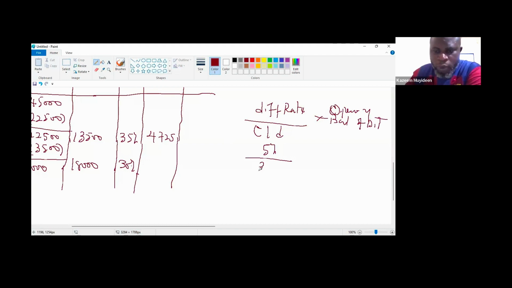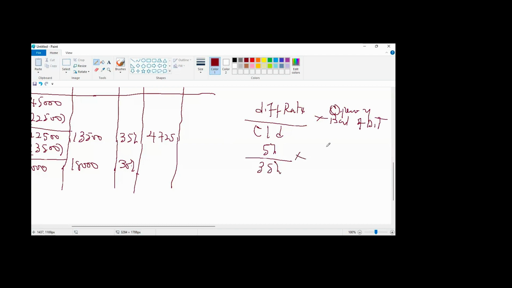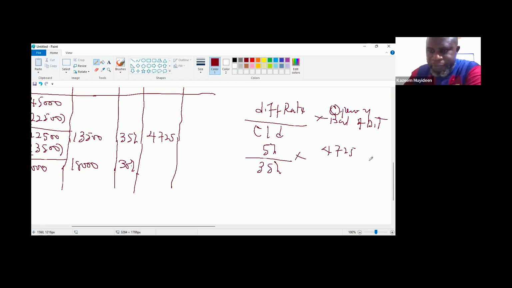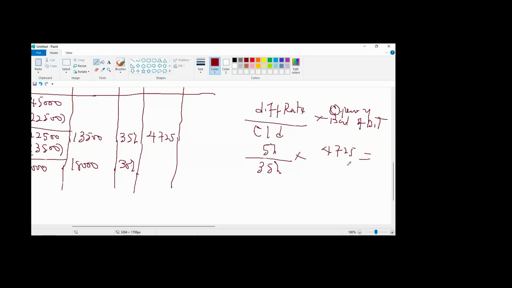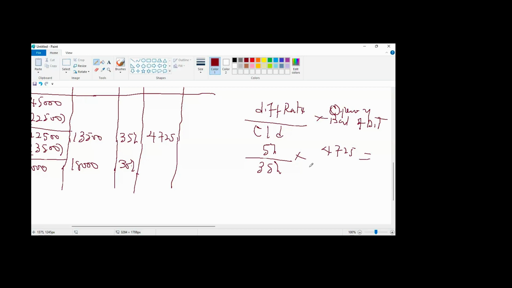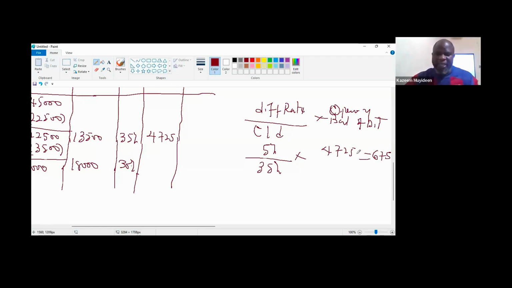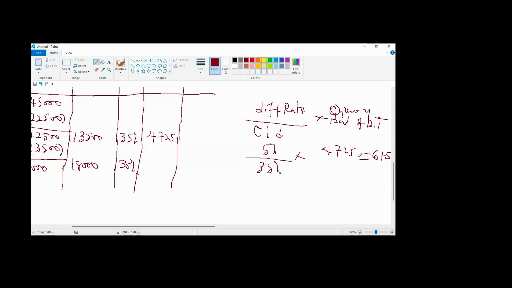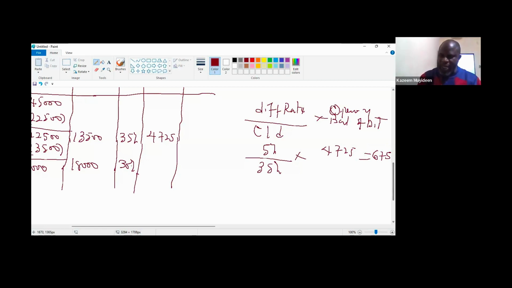Over old rate, which is 35%, times 4,725. 5% over 35% times 4,725 is approximately 675. Is the tax increasing or decreasing? Decreasing. We have done this last week.